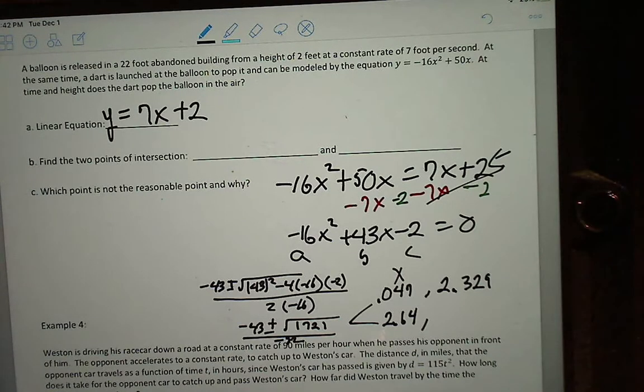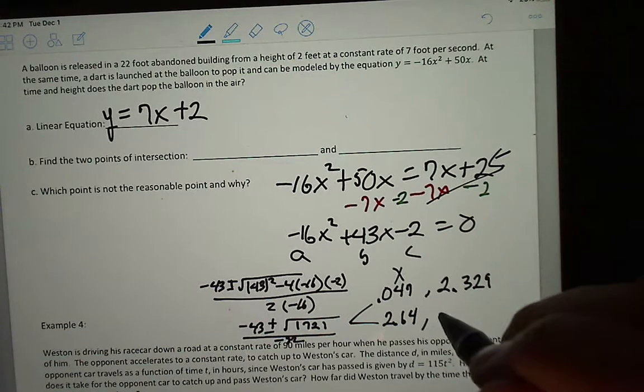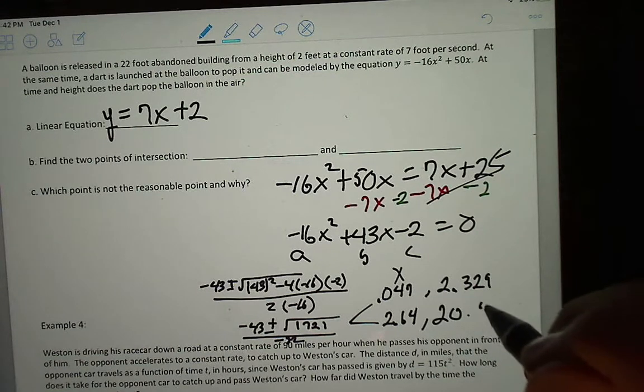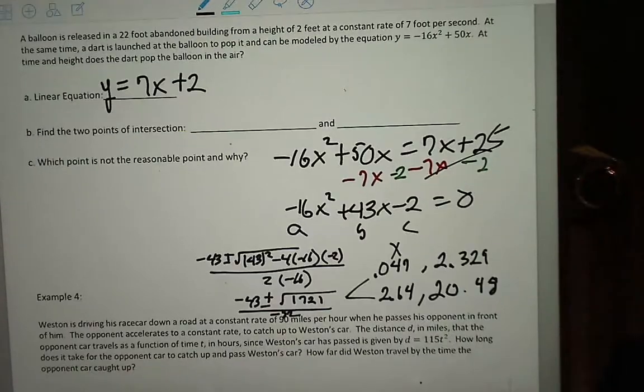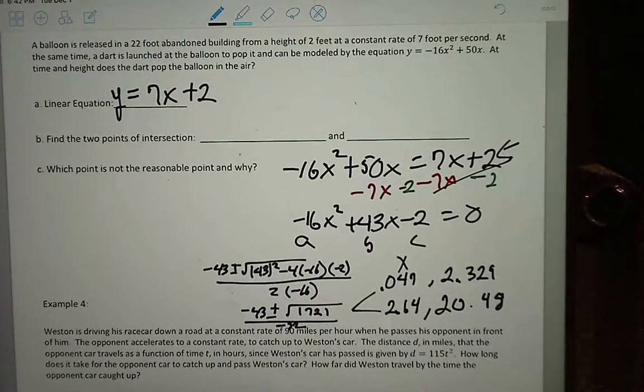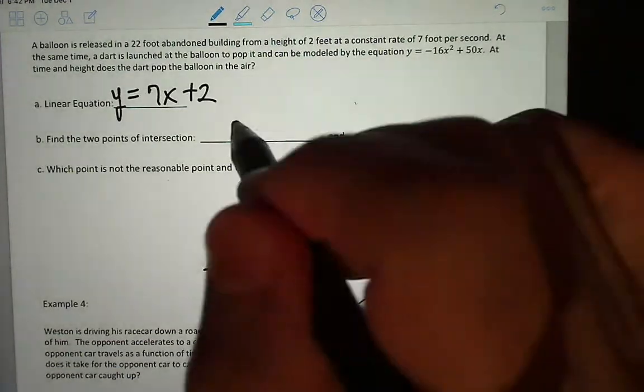And I get 20.48 as my answer, which begs the question, did I type this in right? But anyway, I get two answers.